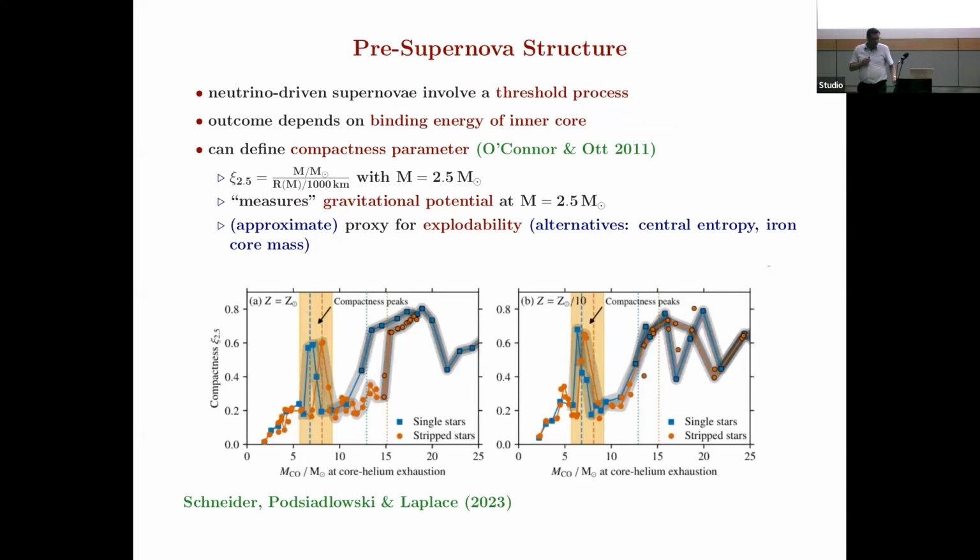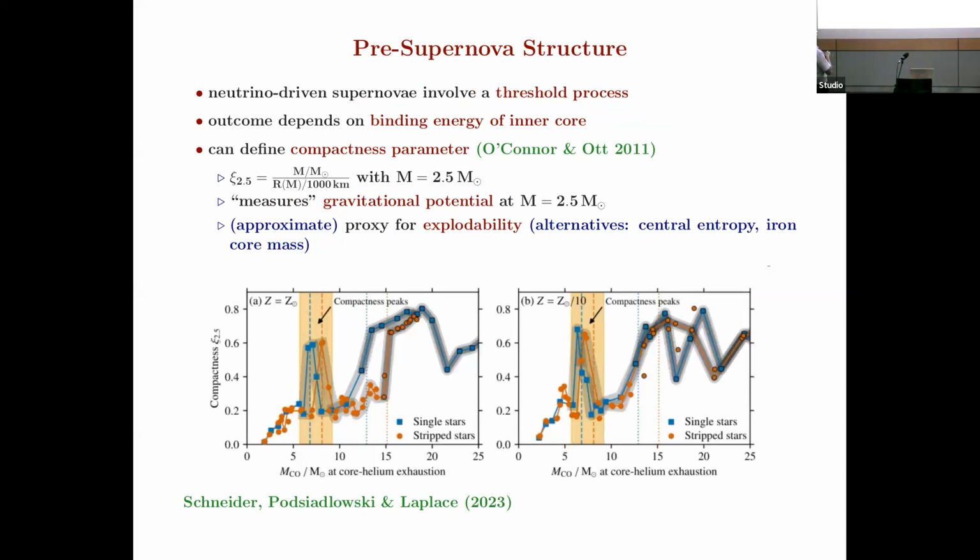And this is from a recent paper. I'll show you we can calculate the structure of massive stars and quantify their properties at the time of the explosion. And for that, we use a parameter that's called compactness, which was introduced by O'Connor and Ott. It's given by this formula.